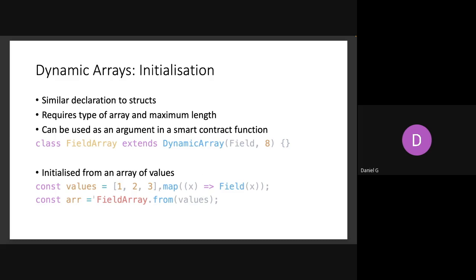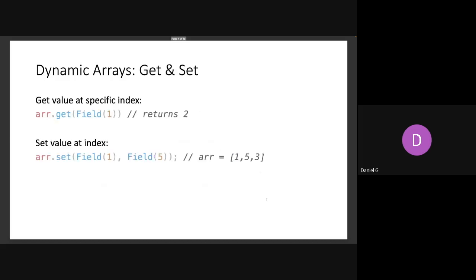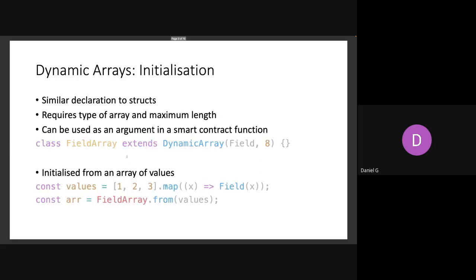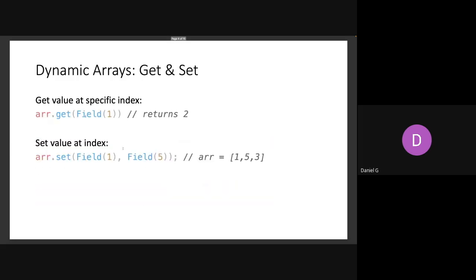All I have to do is take my Field array, call .from, and pass in the values, and that's how I got my array. The first features you get are getters and setters. If we take our array 1, 2, 3 and get the first index, it returns 2.